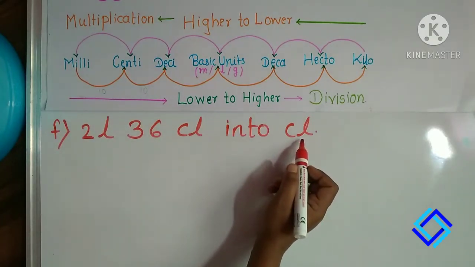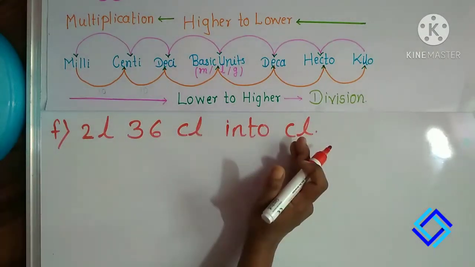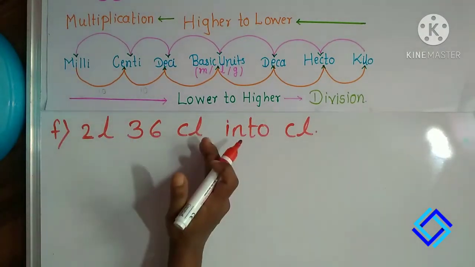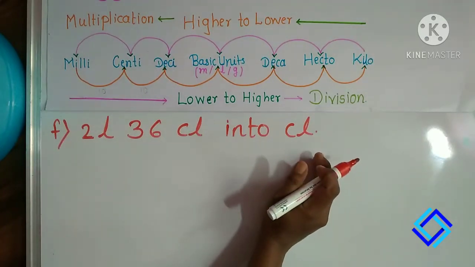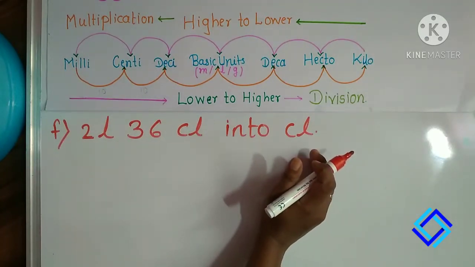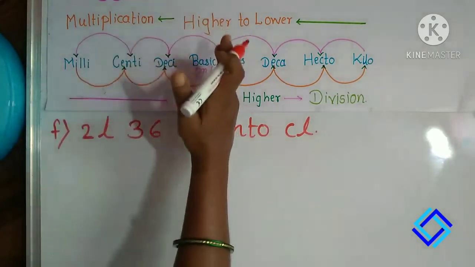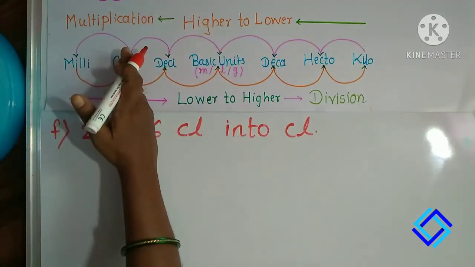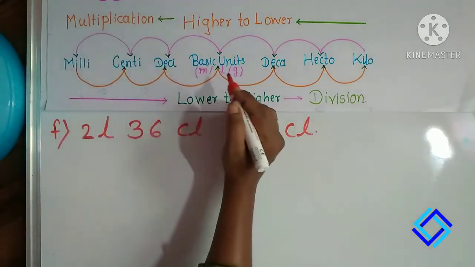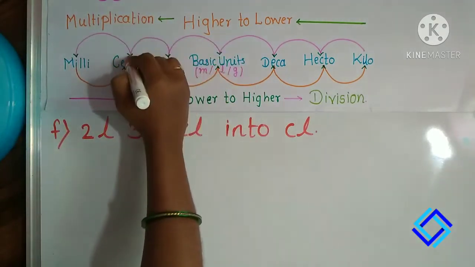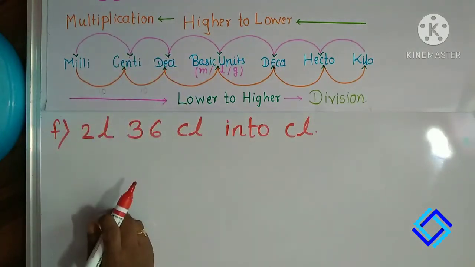2 liter 36 centiliter into centiliter. First of all, we have to convert that 2 liter into centiliter. Then we add 36 centiliter to that. So first of all, we will see liter to centiliter. Liter to centiliter means higher to lower. Higher to lower means we have to multiply. And see here that liter to centiliter there are 1 and 2 steps. So we have to multiply by 100.